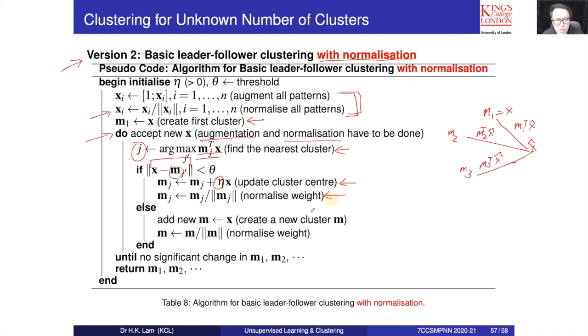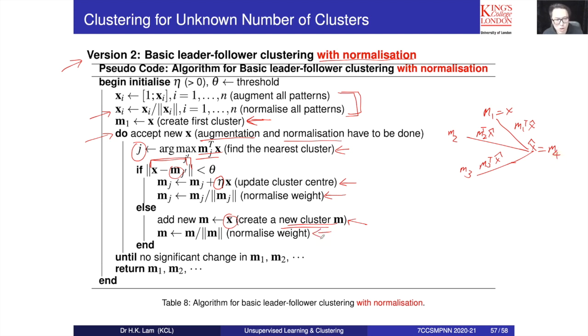Remember to do the normalization after we update MJ. So if this distance to MJ is larger than theta, then we are going to create a new cluster. We are going to create new clusters right here. That is to use this new sample we draw from this point and make this a new cluster M4.